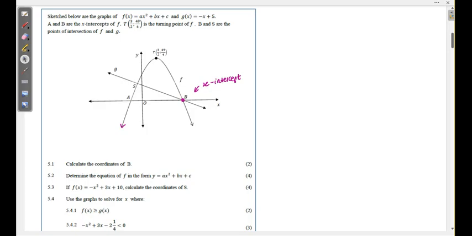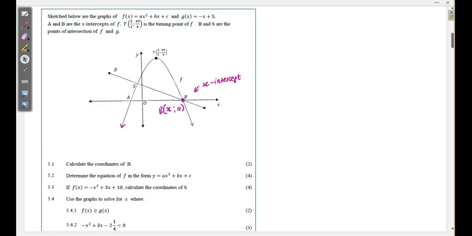Right, since b is an x-intercept, already you must write the coordinates to say b is an x, but we do not know x. y is 0, but we do not know the value of x. Now the question is, how do I find x? Well, b lies on which graphs? b lies on f, and also b lies on g, right? Because it lies on g and we have the full equation of g, we can just use g.